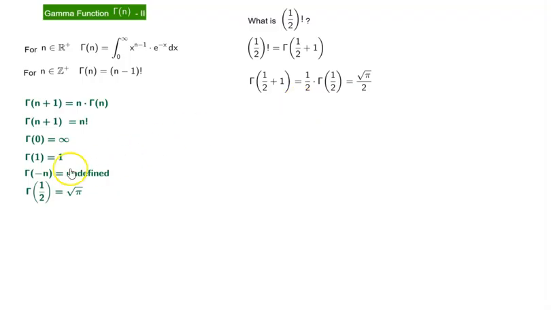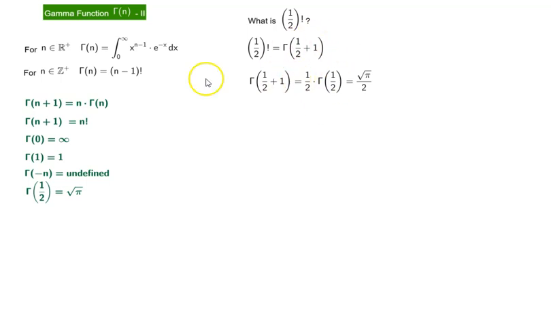And then using the identity gamma of n plus 1 is equal to n times gamma of n, we have gamma of 1 by 2 plus 1 is equal to 1 by 2 times the gamma of 1 by 2. And gamma of 1 by 2 is root pi. So we have 1 by 2 factorial is equal to root pi by 2.